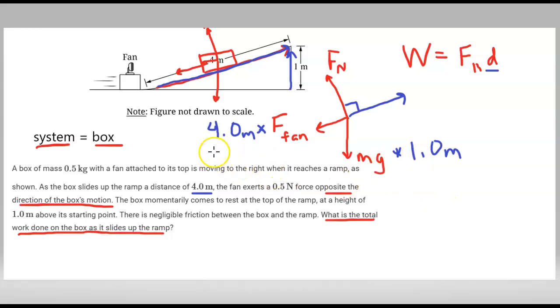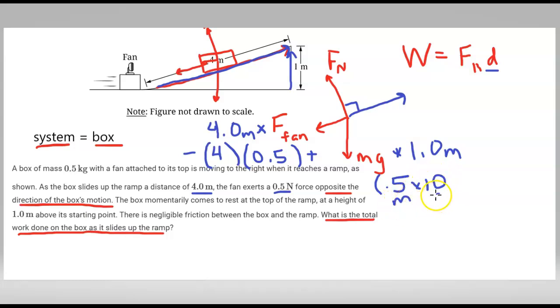So let's do the math here. We have 4.0 multiplied by the force of the fan, which is 0.5. Like we said, that force is opposite the direction of motion, so that's negative work. And then we also have to include the force of gravity, which is mg. M is 0.5 and g is 10, so 0.5 times 10 gives us mg.